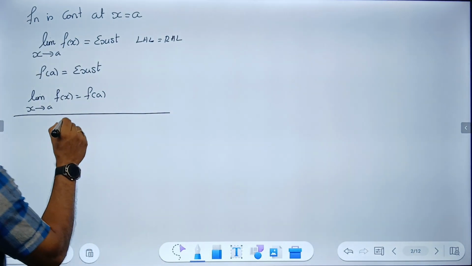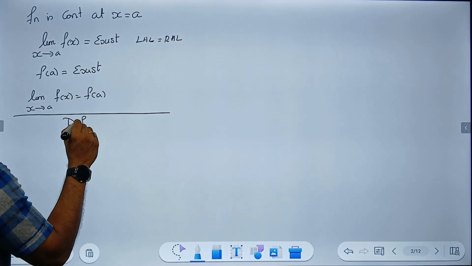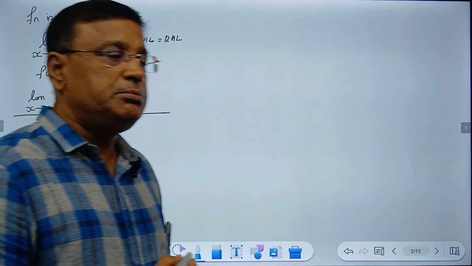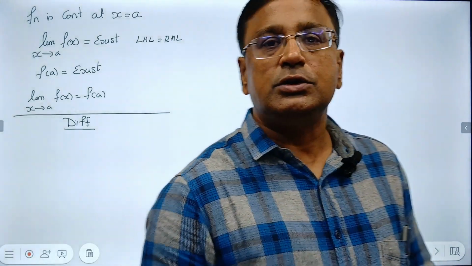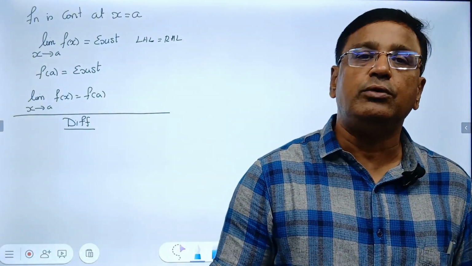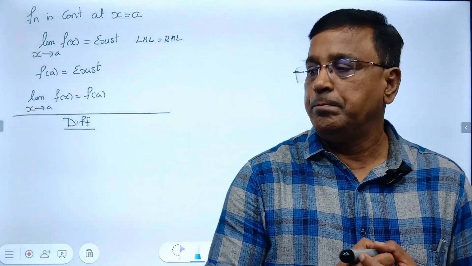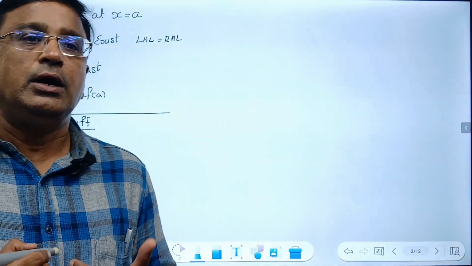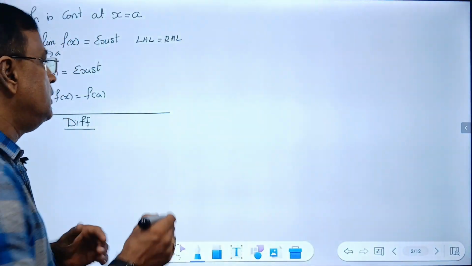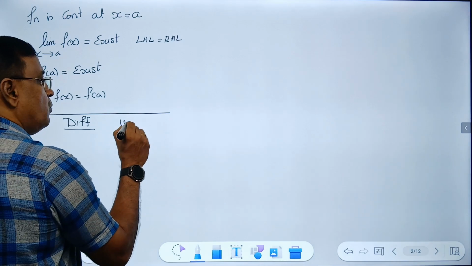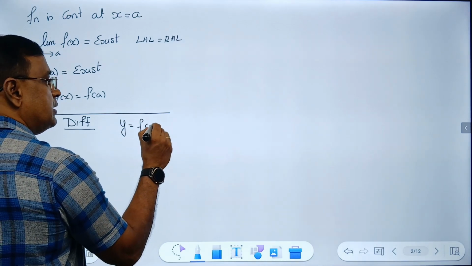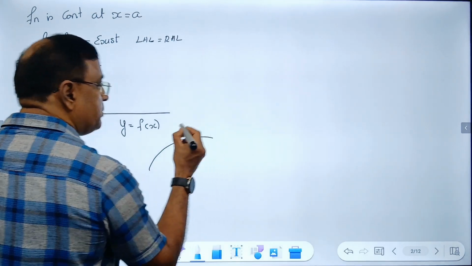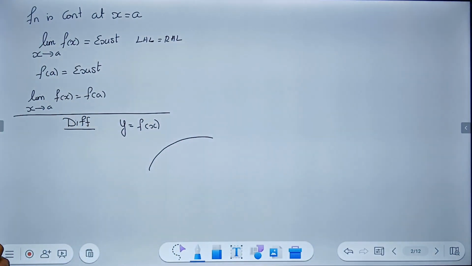Now, what is differentiability? Differentiability is whether it's possible for me to differentiate a function. What do you mean by differentiation? When I have a function y equal to f of x, it will always represent a curve.